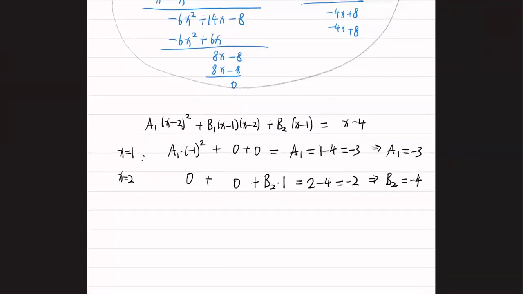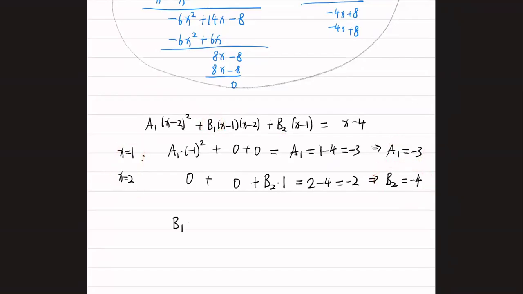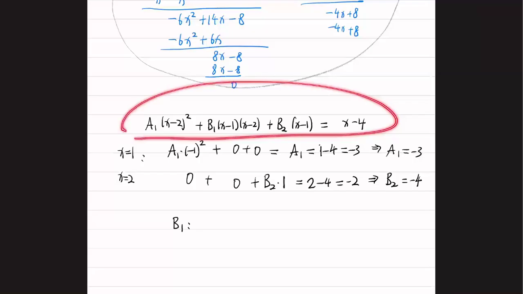Okay, so for the three of them, A1, B1, B2, using these substitutions, we found 2 of them. Now we have 1 left, B1. To find B1, we can check this identity. On the left, there's no square term.